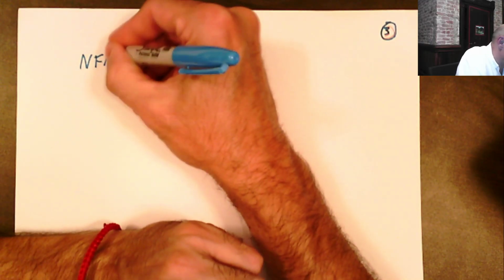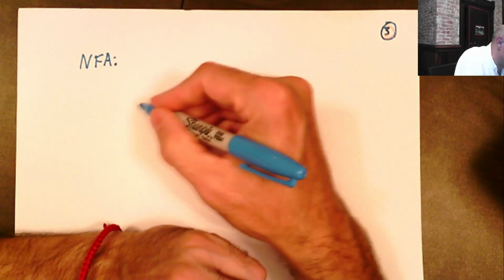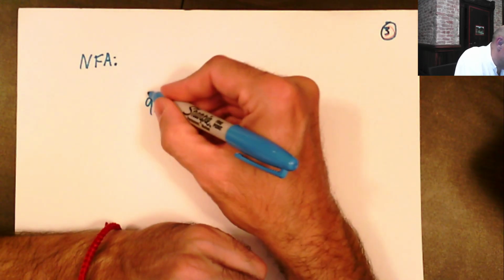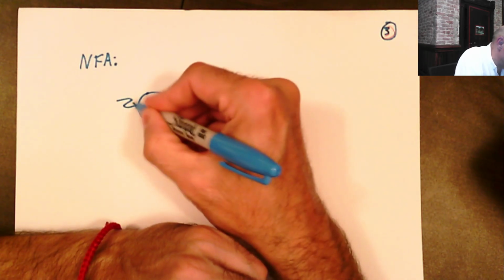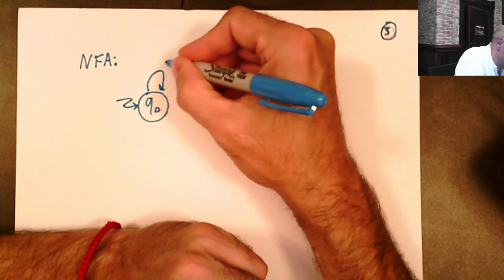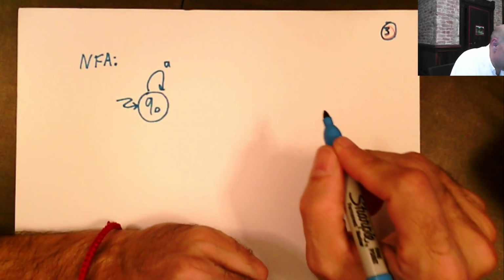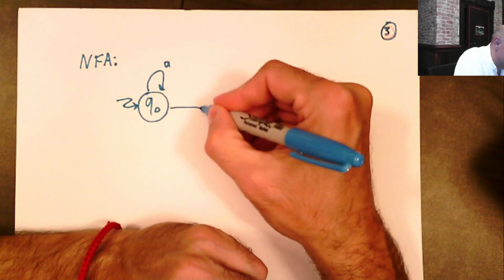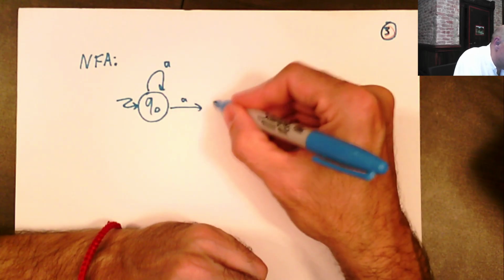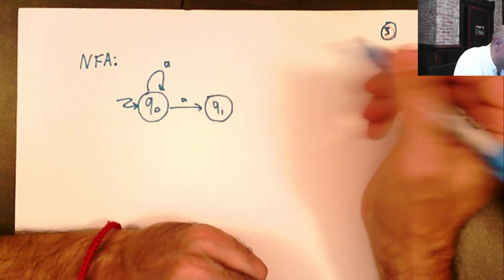Yeah, that looks better. Okay, so this one, I'm going to draw the NFA, and I'm going to leave it for you to ponder. All right, so let's say here's Q0. That's my start state. I'm going to use A's and B's instead of zeros and ones. There's an A. There's an A. Q1. I'm just making this one up as I go.